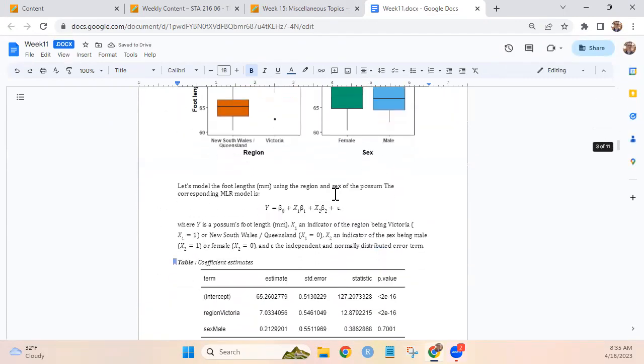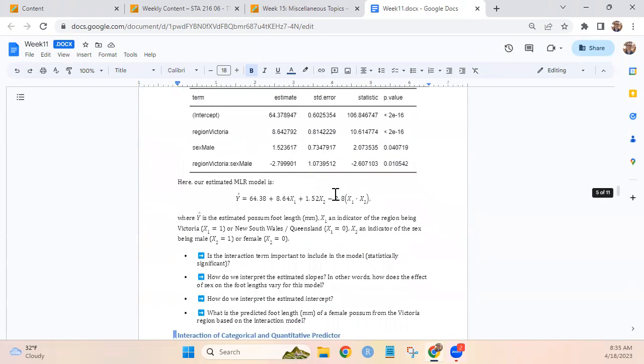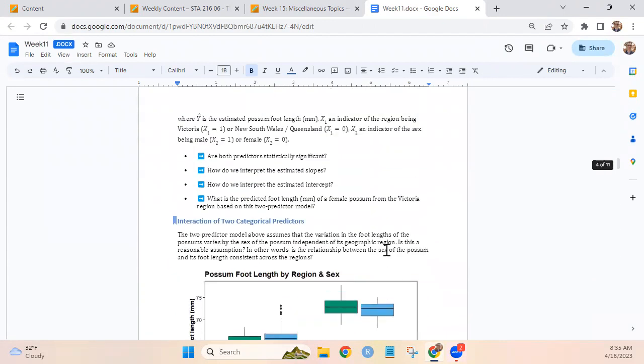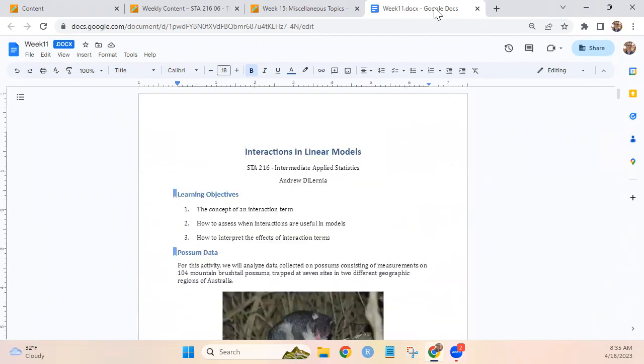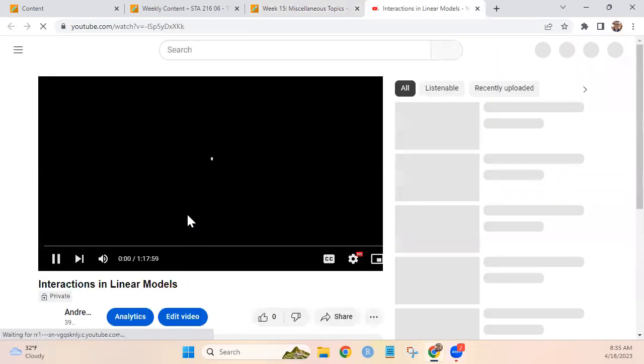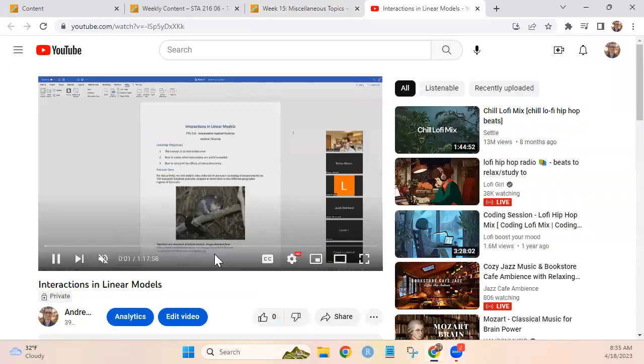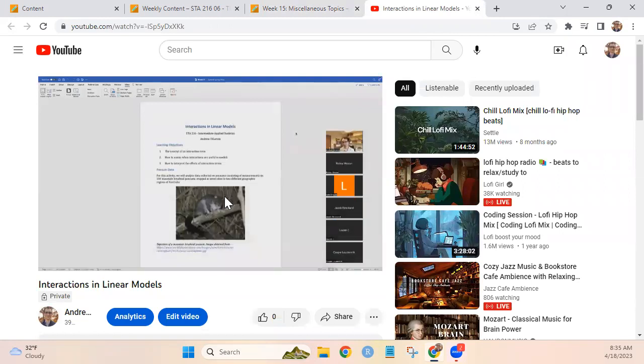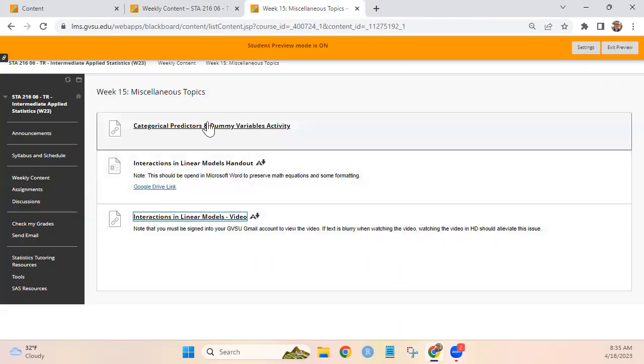I have an activity on linear models using a data set on possums, and then I had a video going over that activity. So if you're curious about learning about interaction terms, although this is not covered on the exam, that's posted and available there.